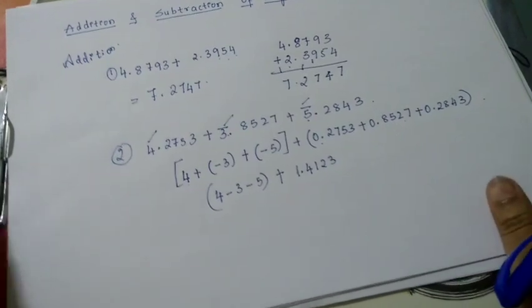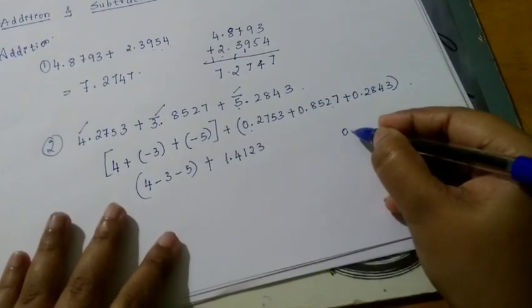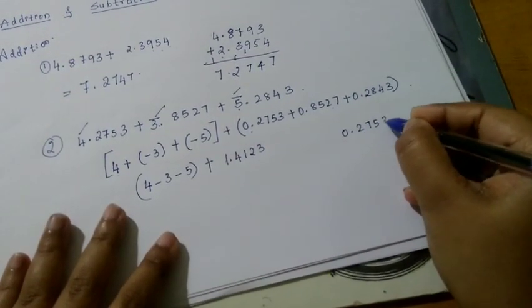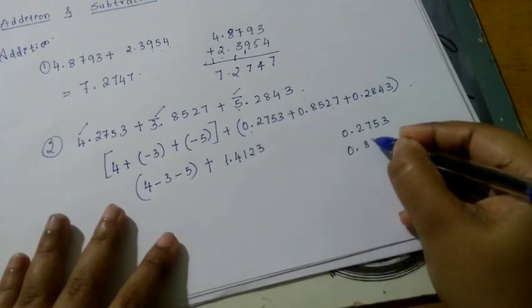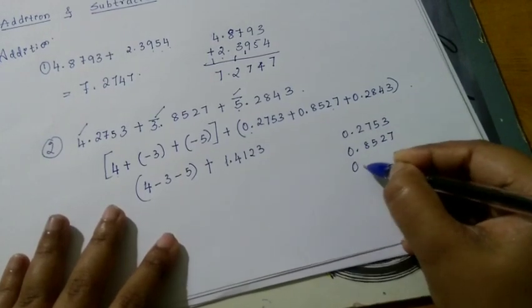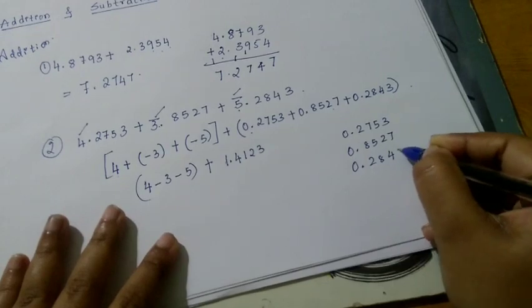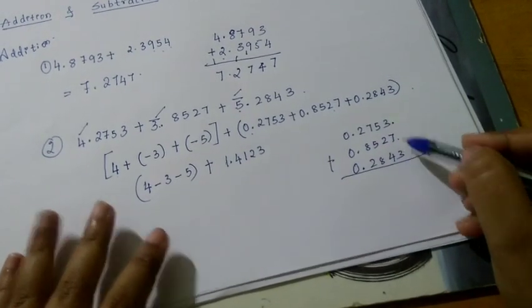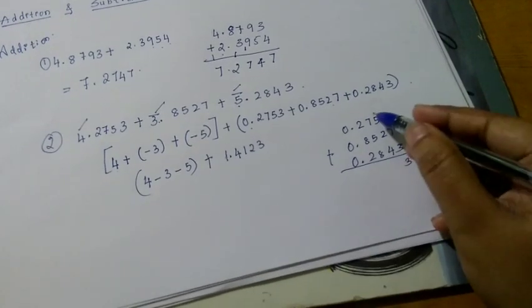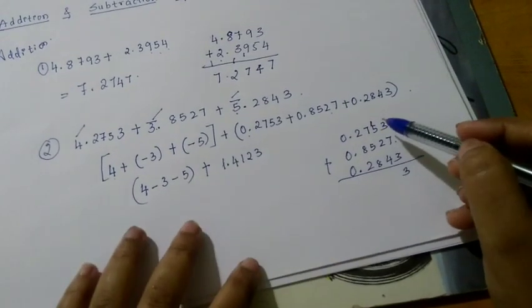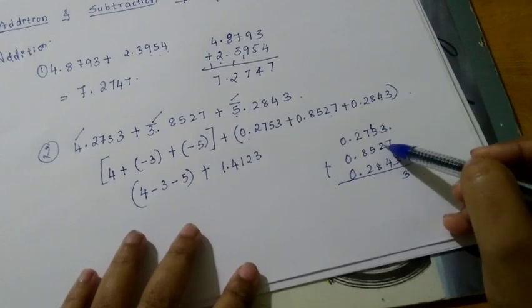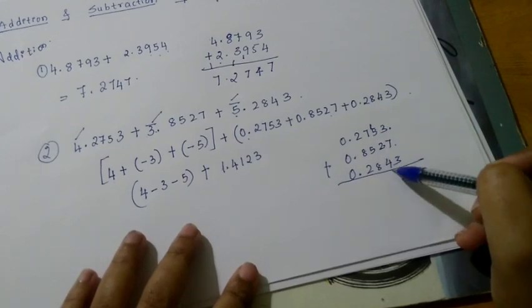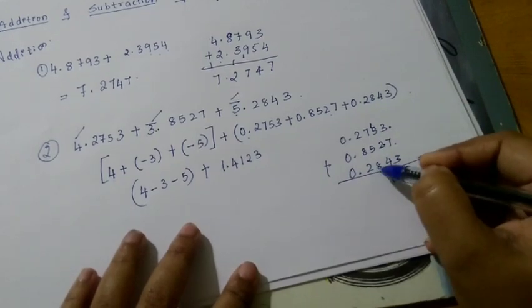1.4123. If you want, you can add here and see: 0.2753 plus 0.8527 plus 0.2843. Add this: 7 plus 3 is 10, 10 plus 3 is 13. 1 goes to the carry, 5, 5 plus 2 is 7, 7 plus 4 is 11, 11 plus 1 is 12.